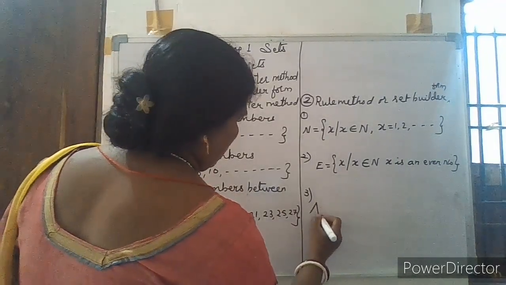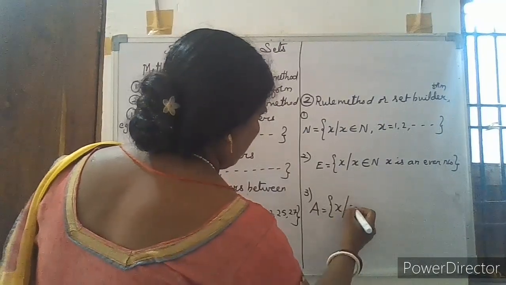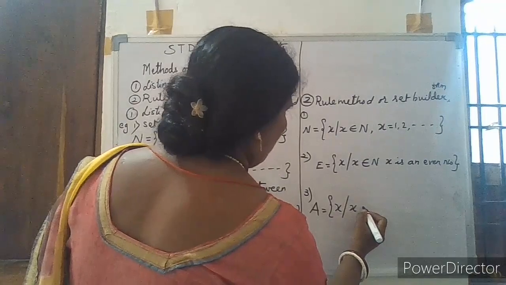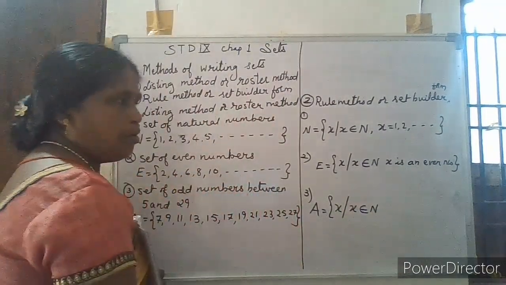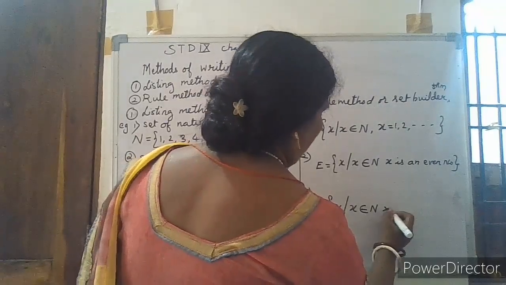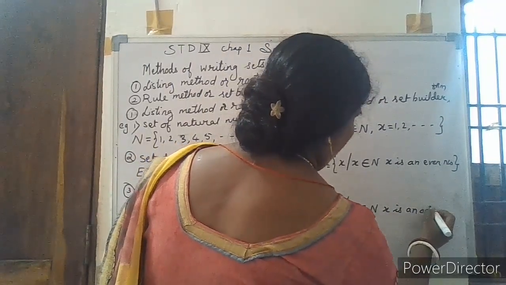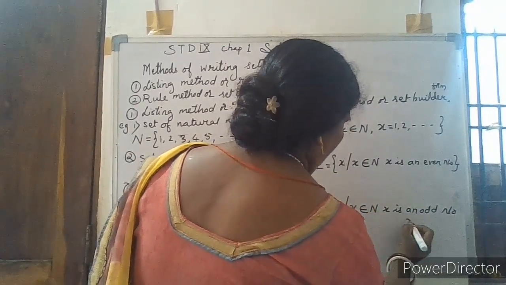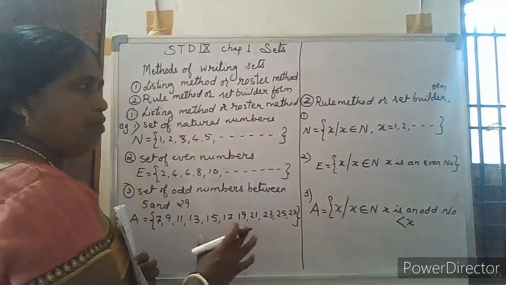Here also I'll give it as A only. X is an element such that X belongs to natural numbers. It is a natural number only. But X is an odd number. But X is greater, it is between numbers.